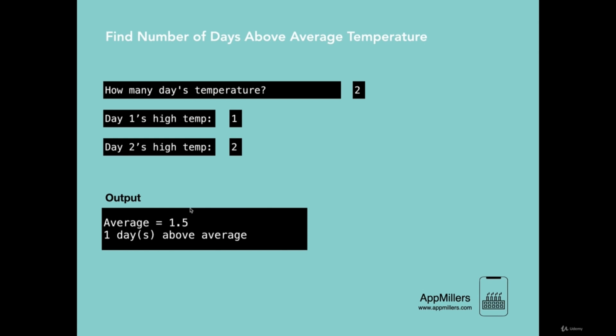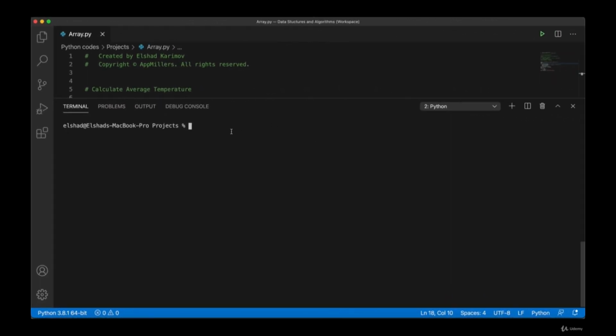Now, by using the array data structure, we are going to implement this small program. Before implementing, let's run our program in Python to see how this is working. By the end of this section, your program will be like this. When we run our program, the prompt will ask the number of days that we need to insert. So if I run our program, it asks how many days' temperature you want. If I put 3, for example, and hit enter, it's going to ask for day 1's high temperature. For example, if I put 10 and hit enter, it's going to ask for day 2's high temperature.